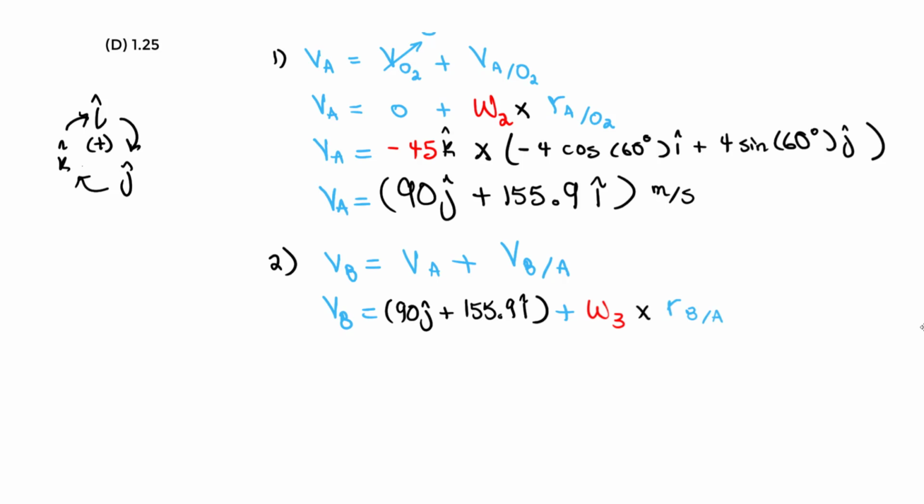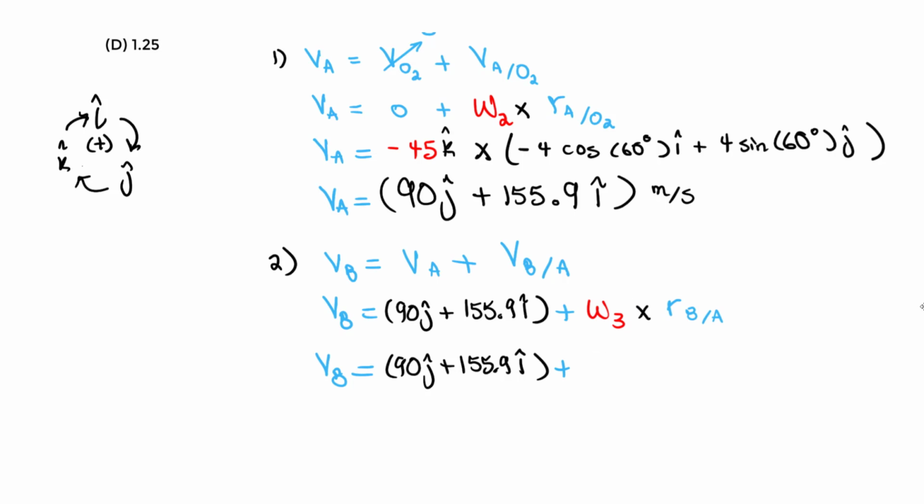The velocity at B equals the 90 in the J plus the 155.9 in the I. Then we do plus, let's assign the direction.